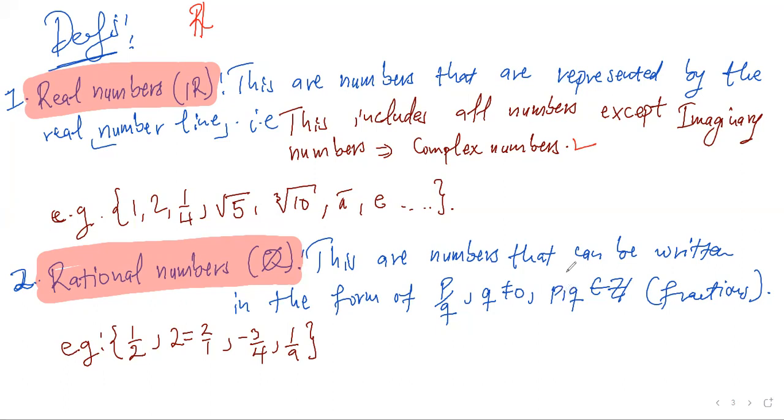Examples of such, we have 1/2. We can have a whole number 2. It can be expressed in the form of 2/1. So still it is in the form of p/q, and the q will be 1, which is not 0. Then we are fine. And p and q are both integers because 1 and 2 are integers.